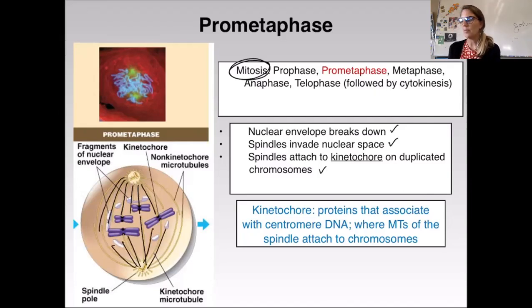And we get these spindle microtubules attaching at the middle of the chromosomes, called the kinetochore. All right, and I'm going to draw that out right here. Okay, so a single chromosome. During S phase, that single chromosome gets duplicated.